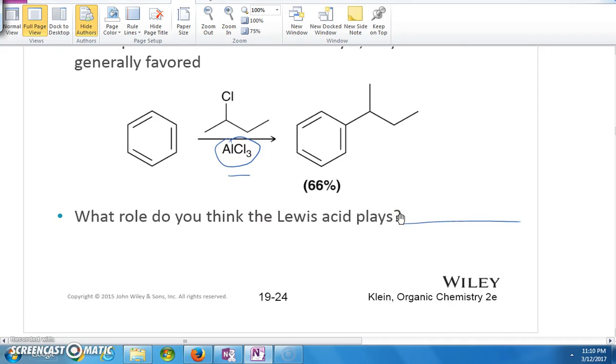You can see that the Lewis acid helps to activate the electrophile. It makes the electrophile really desperate for electrons, and as a result, this substitution occurs.